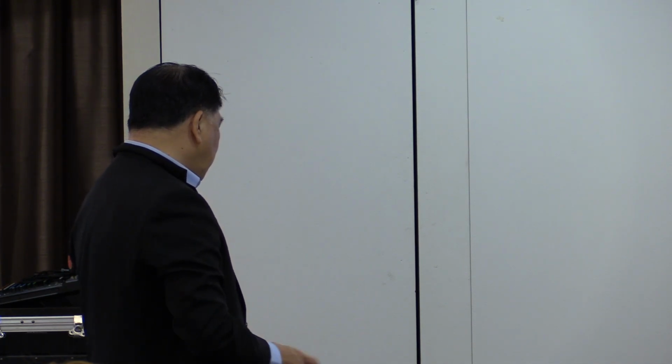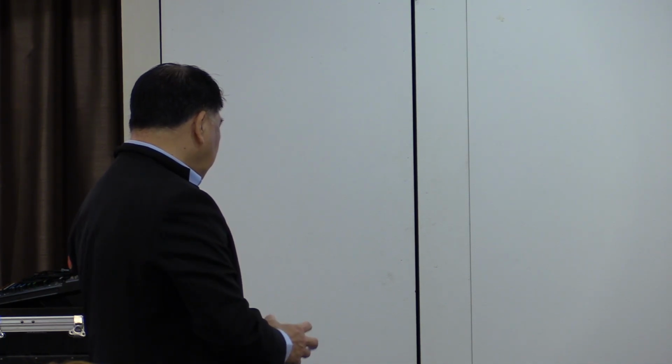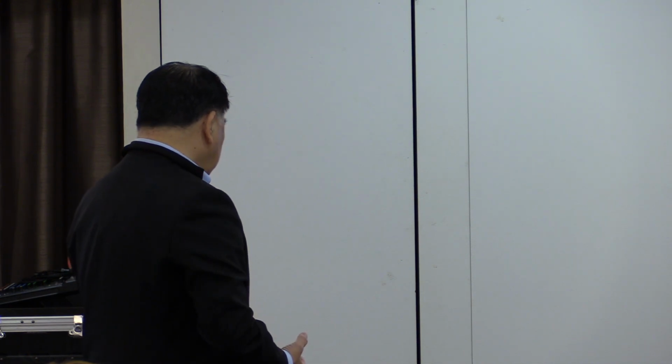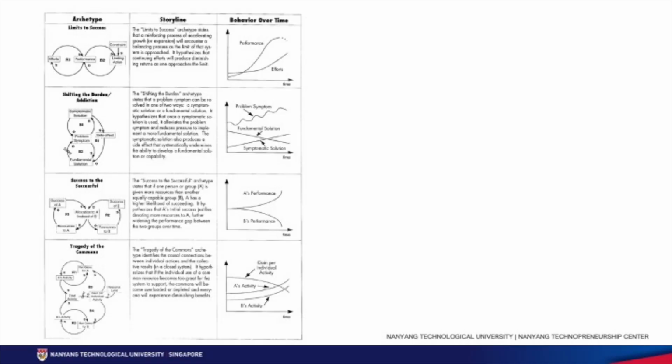Just look here: the storyline of the drifting goals archetype is that a gap between the goal and the actual condition can be resolved in two ways, by taking corrective action to achieve the goal or by lowering the goal. So you hypothesize that wherever there's a gap between the goal and the actual, the goal is lowered to close the gap over time. Once you understand that storyline, then you can say, okay, I can now use the archetype, the reference model.